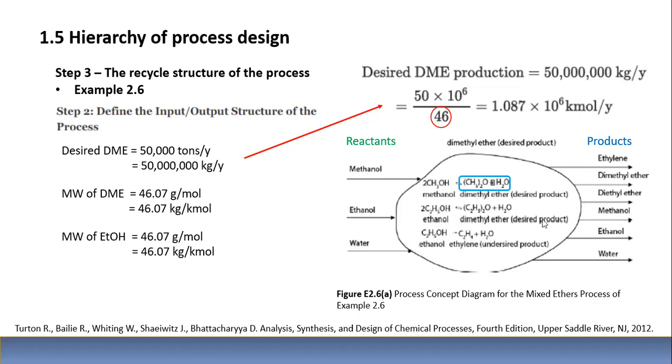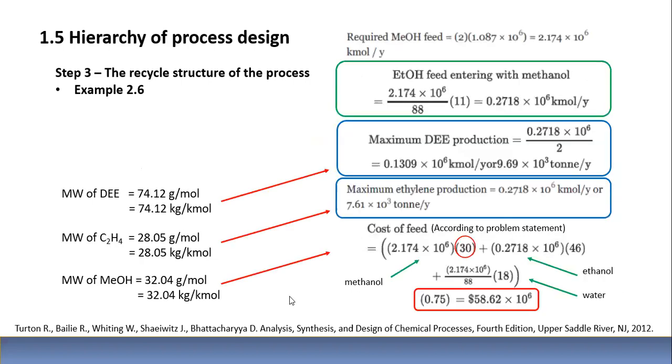This one is not very clear, but the products are ethylene, dimethyl ether, diethyl ether, some unreacted methanol, some unreacted ethanol, and water, as you can see here. All this is going to be produced. This is called a process concept diagram for the mixed ethers process. It's a very simple process: reactants on one side, products on the other side, and the main stoichiometric equations.